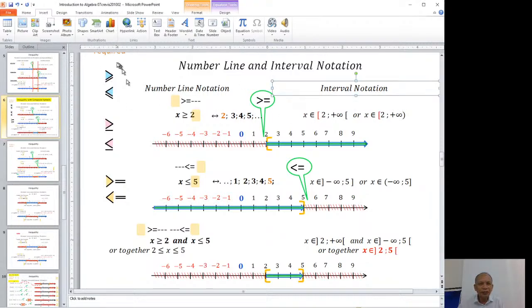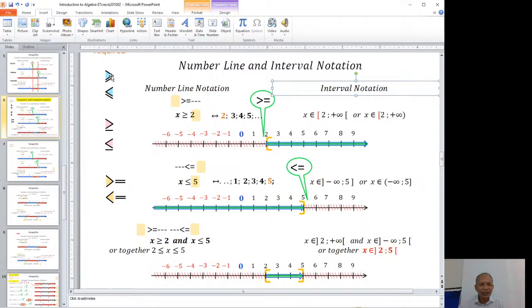Here we have a composite symbol: bigger than or equal, smaller than or equal. Sometimes we write it like this, and sometimes in computer software we write it like this, but it means the same thing.